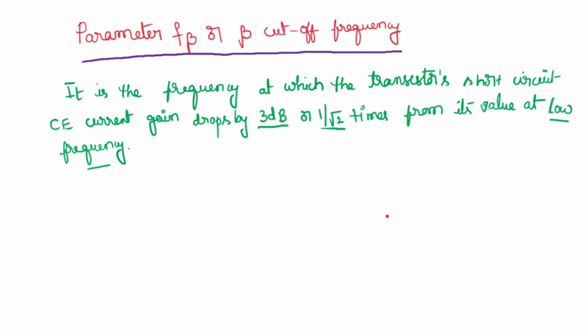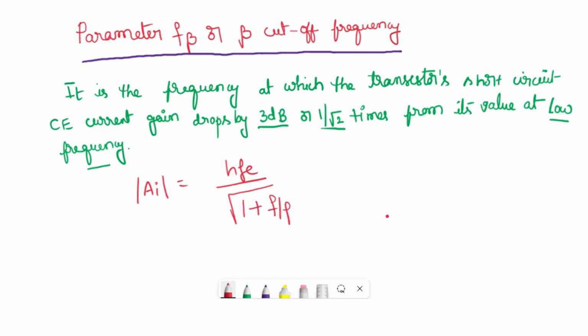First, I'll see the value of CE short circuit current gain at low frequency, or I can say at zero frequency. Actually, what is our Ai? Mod Ai is hfe by root of 1 plus (f by f beta) whole square.